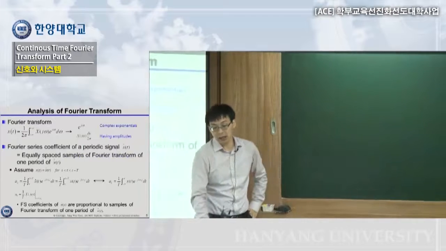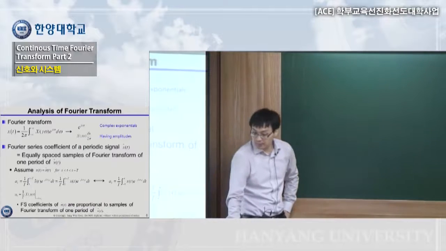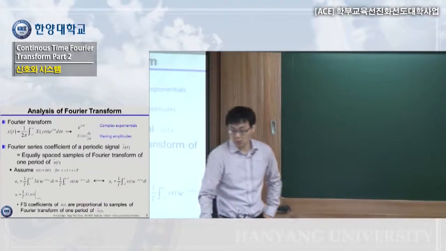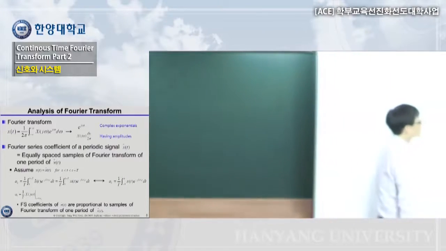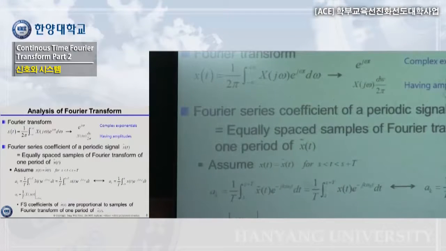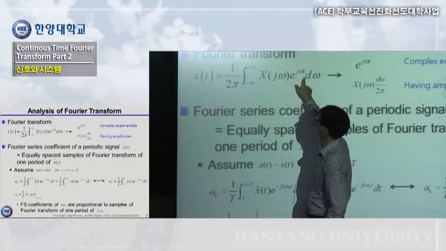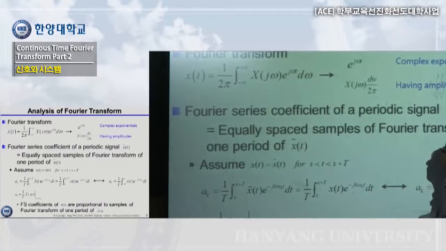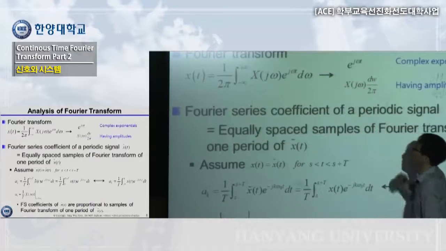Now we are studying how to understand this. In the Fourier transform, we can view it as two things. First of all, we can think of them as a complex exponential times some amplitude.